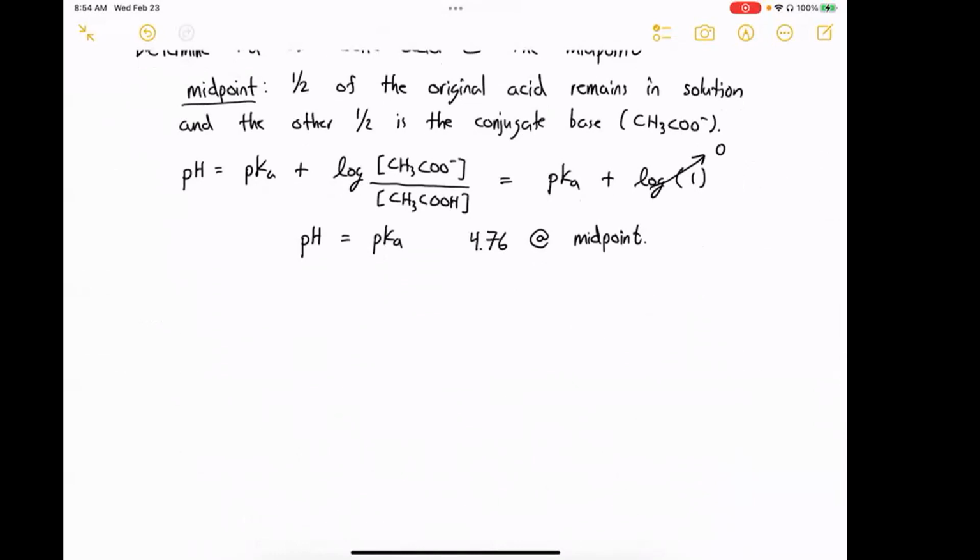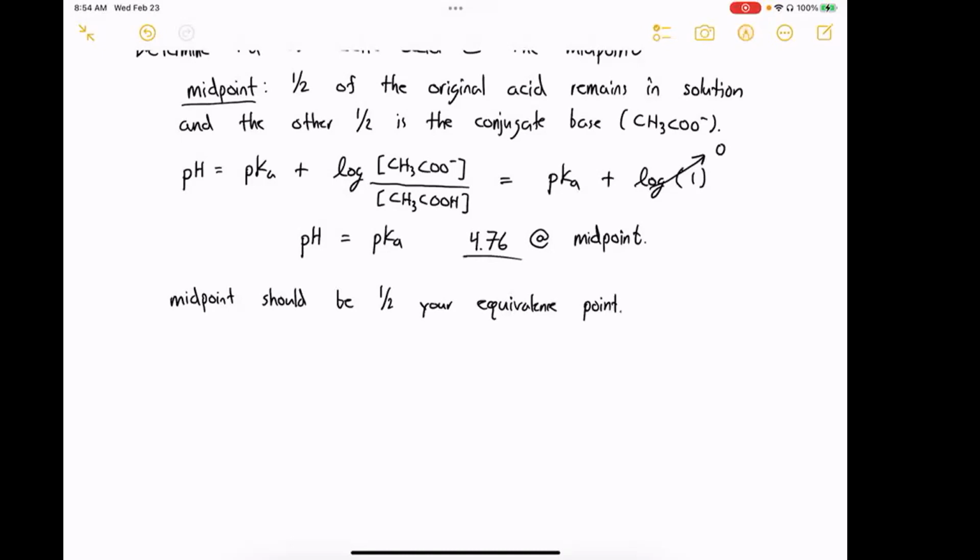Okay, so at this stage, remember at the midpoint, your midpoint should be 1/2 your equivalence point. So we're going to calculate and see how close our value is to 4.76.